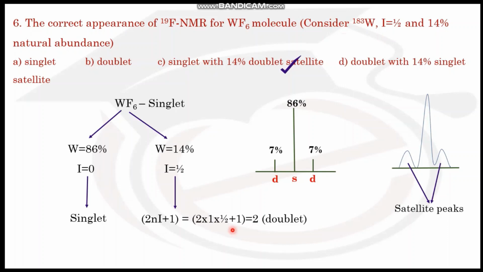And this percentage we have to split accordingly. Now here it is a doublet, so we are splitting into 7%. So this is a singlet peak with a doublet satellite peak. Fine.